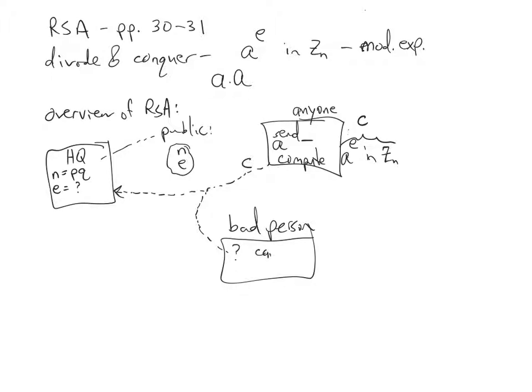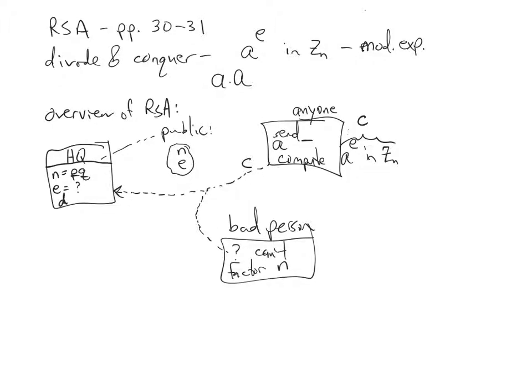But if they can't factor n and come up with the prime numbers to repeat what headquarters is doing, they simply can't decrypt C.